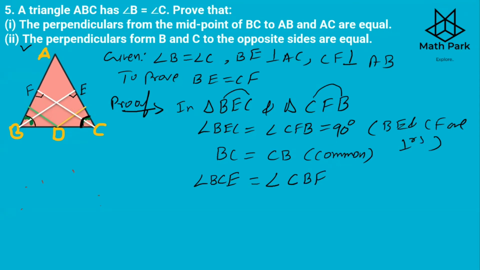That is this angle marked with black just now. So these two angles are equal, which are already given to you in the question: angle B is equal to angle C. But since so many angles are formed, you have to be very careful about naming the angles.